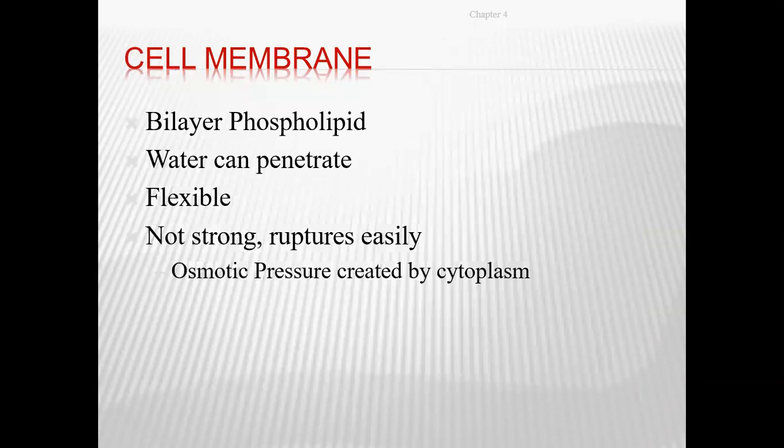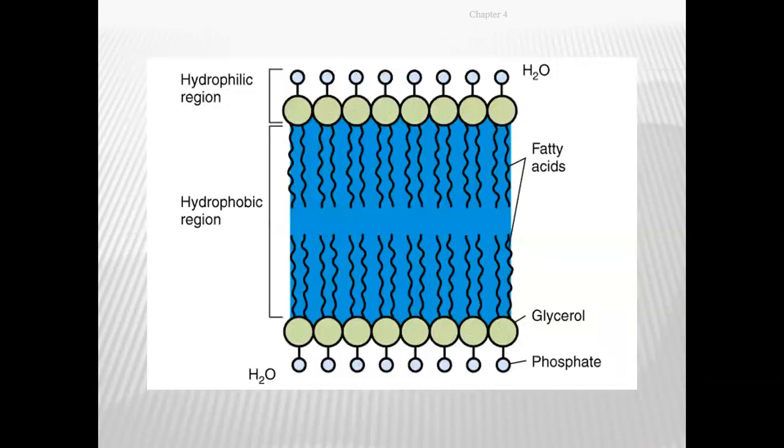Osmotic pressure is created by the cytoplasm. This figure explains the structure of the plasma membrane composed from a hydrophilic region and a hydrophobic region, which has a fatty acid and glycerol.